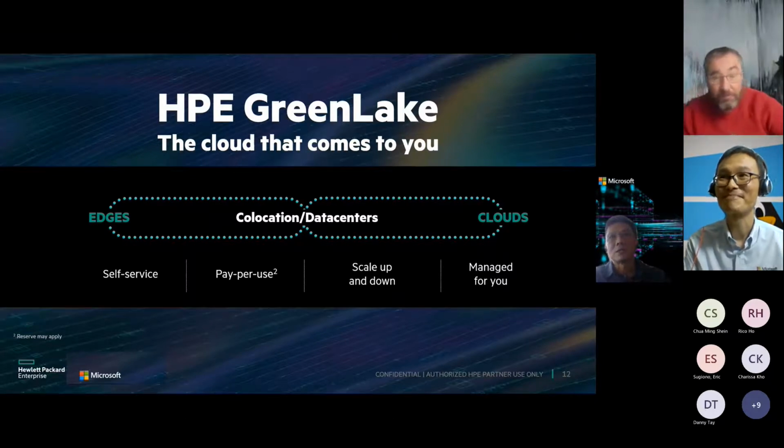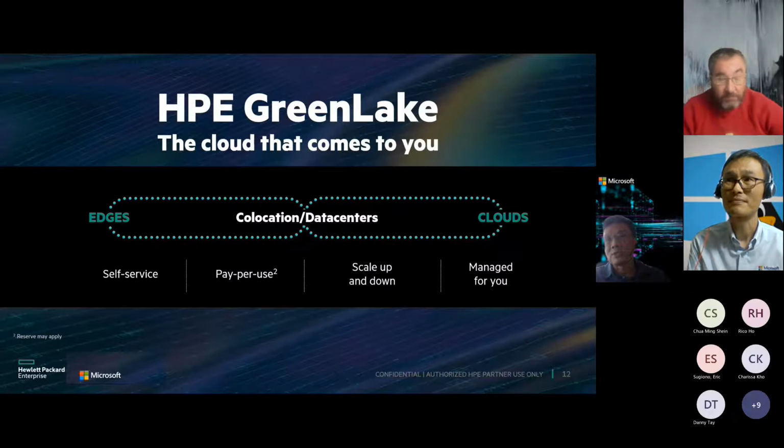In summary, you can see that HPE GreenLake will give you self-service with a self-service portal, which will provide simple point and click automated provisioning. Pay-per-use, of course, will boost your financial flexibility to free up your capital, better control costs, and align costs to business outcomes.